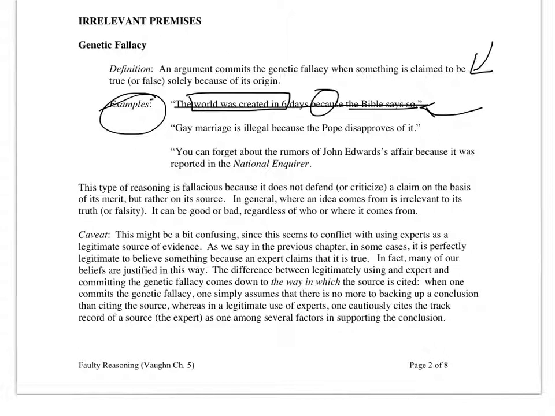So let's look at another illustration. Gay marriage is illegal because the Pope disapproves of it. So the claim, gay marriage is illegal, or that gay marriage is bad, is supported by reference to what the Pope approves of.